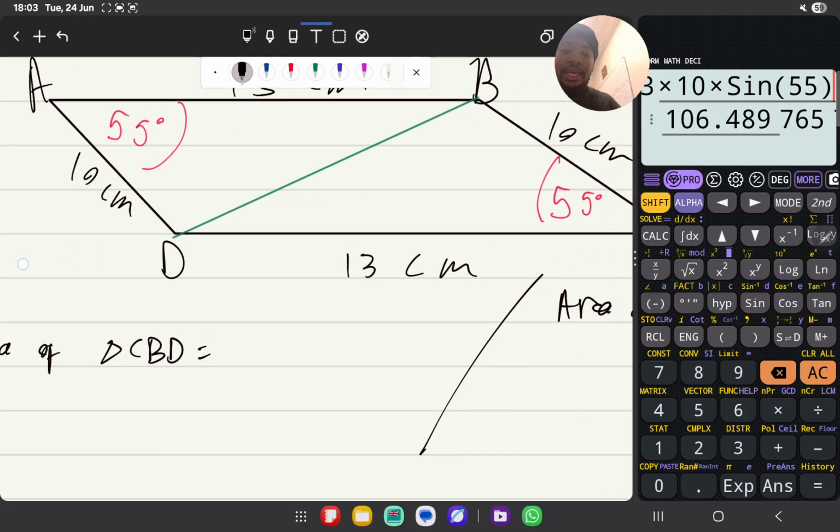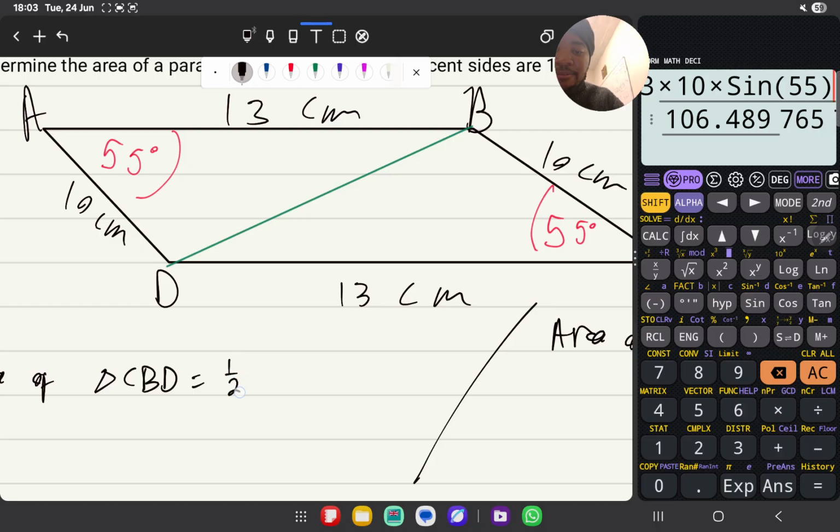It's going to be half, multiplied by 13, multiplied by 10, multiplied by sine 55. This is the area of this triangle. You put that number in a calculator, get your value, which is probably going to be half of this.